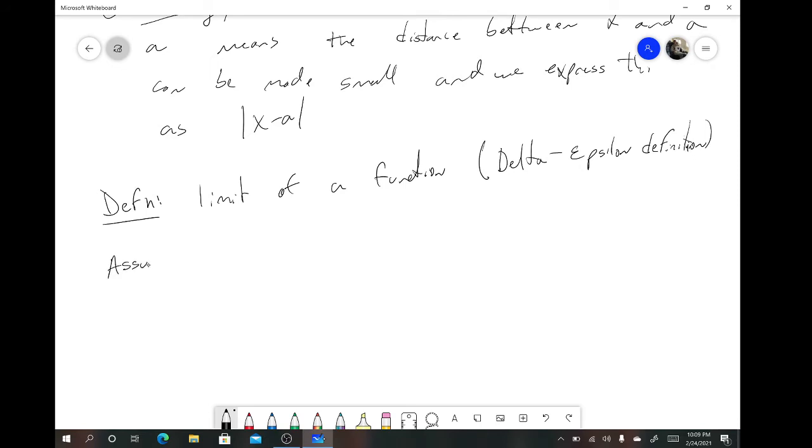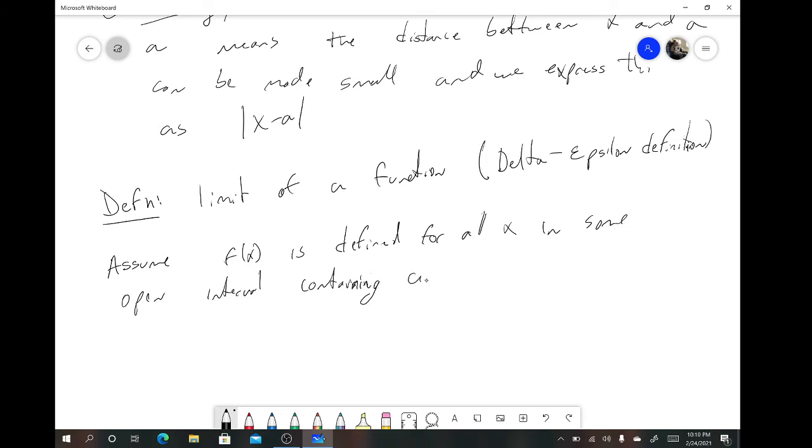You will say, assume f of x is defined for all x in some interval containing a, except possibly at a.